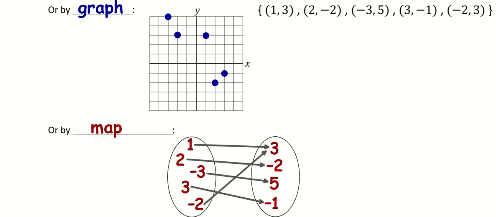This should be something you've seen in the past at least once or twice. This concept of a mapping diagram. So you could also represent a relation with a mapping diagram where we put all the x coordinates over here and all the y coordinates over here, and we have these mapping arrows to show that the x coordinate of 1 maps to 3, so that's 1, 3, and the x coordinate of 2 maps to -2, so that's the ordered pair 2, -2, and so on.